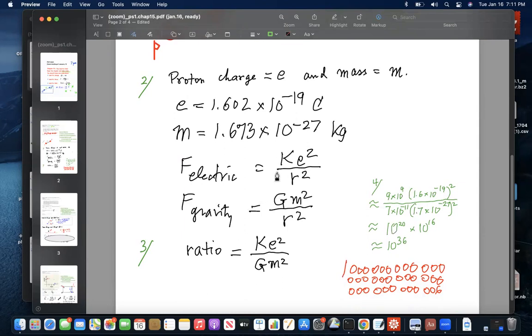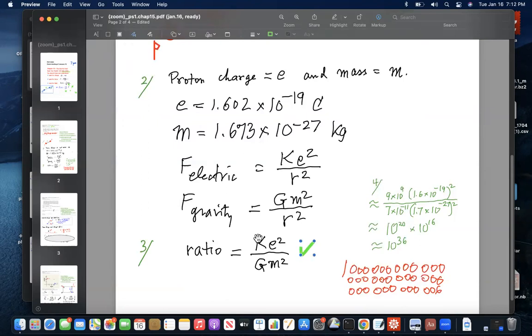So I take this quantity and divide it by this quantity. You see the 1 over r squared will cancel, since I have the same factor 1 over r squared in the numerator and in the denominator. So those will all cancel. In the numerator, I'll have k e squared. In the denominator, I'll have G m squared. So that's the answer.